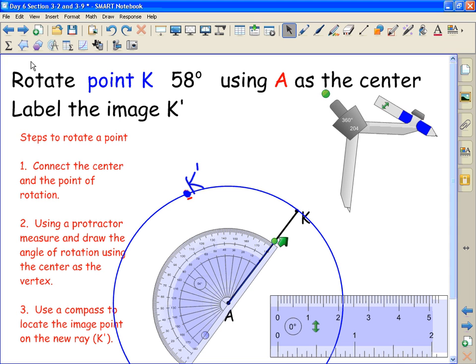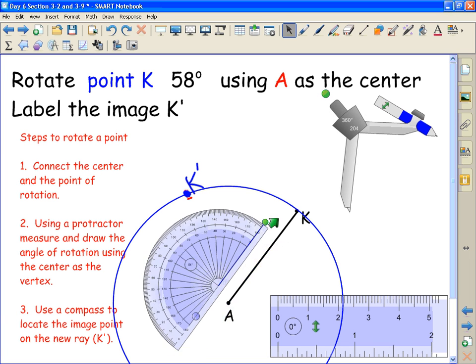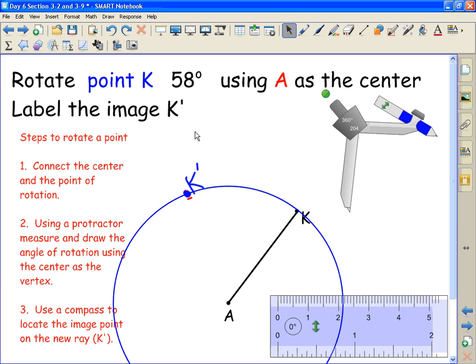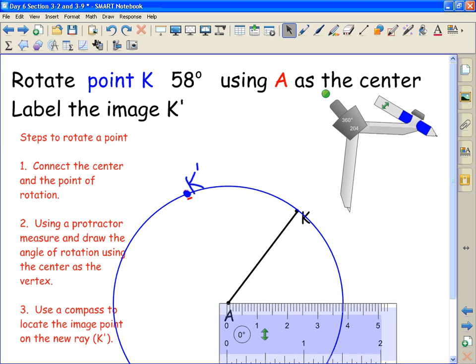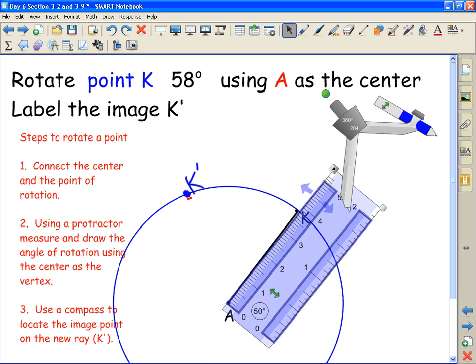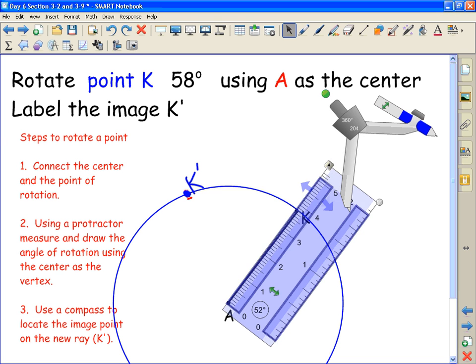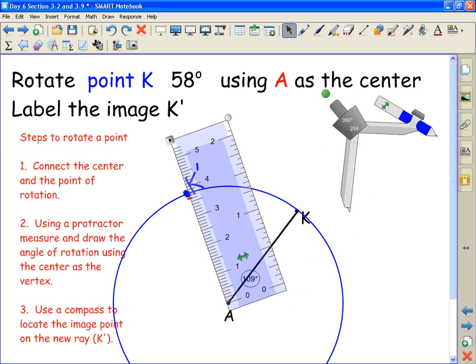If you look at it, you should notice that my new point, K primed, if I measure K from point A, it's about 3.8 centimeters. Because K prime's a radius, if you measure to, you will notice it's 3.8. You can actually do a rotation without using the compass, and it is usually easier because the compass is hard sometimes to get to work correctly.